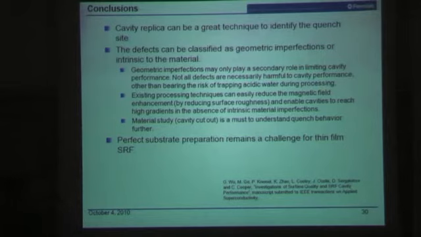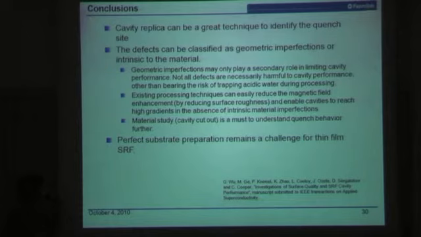So here are the conclusions. The cavity replica can be a great tool to identify the quench site for bulk niobium cavities. And those defects can be classified as geometric imperfections or intrinsic to the material. Among those, we say that the geometric imperfections play only a secondary role.